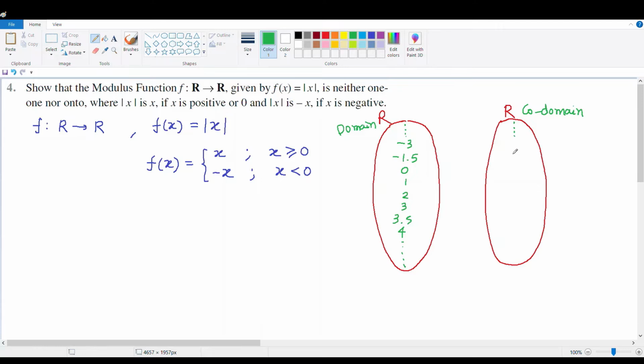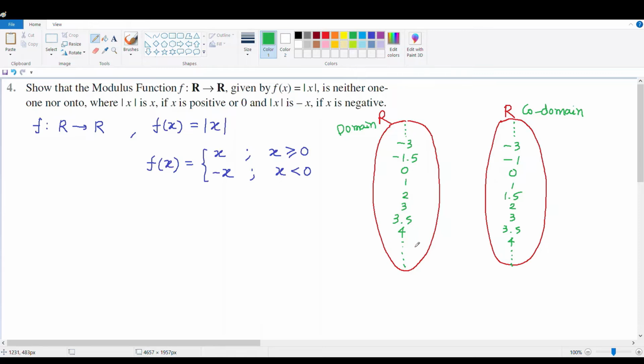Similar here. Let's use negative 3, negative 1, then 0, then 1, then 1.5 as well, then 2, then 3, then 3.5, then 4, then it keeps on going.